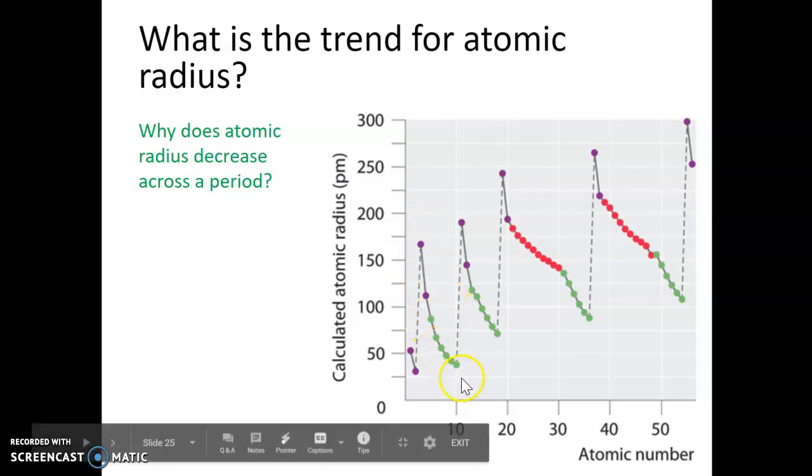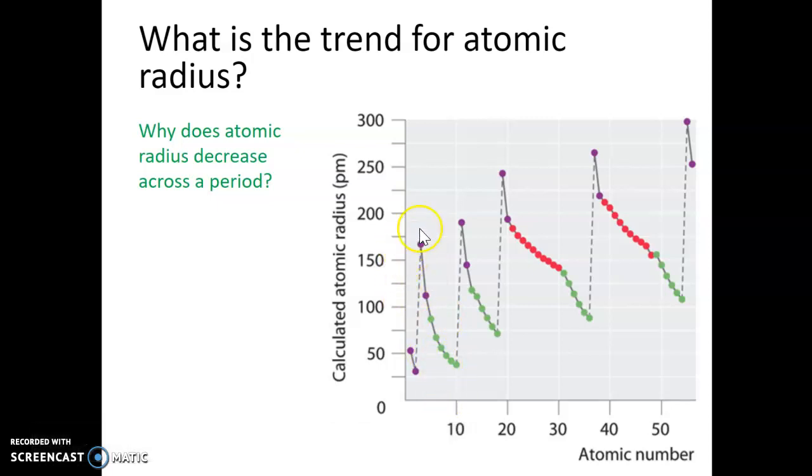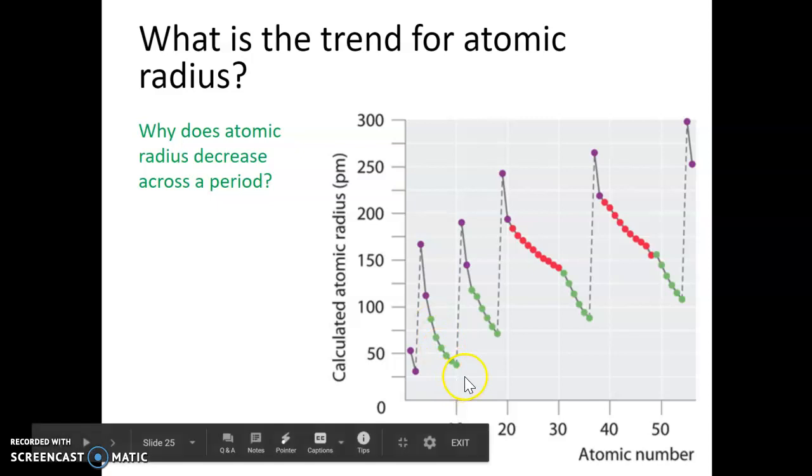So you're the same distance away, and you have the same shielding, but your magnet attracting the electrons gets stronger and stronger. So you add another little magnet, and it can pull the electrons in tighter. You add another magnet, it can pull the electrons in even tighter, and so on and so forth. That's why we see that theme throughout all of our periods.